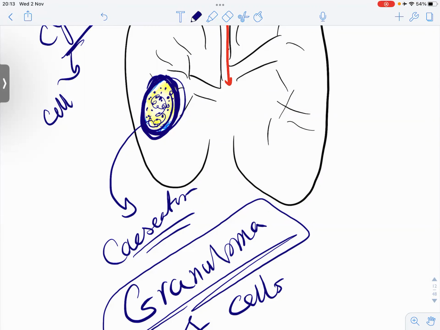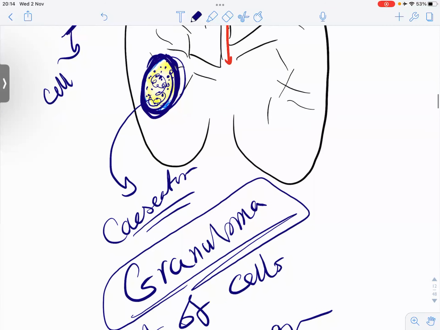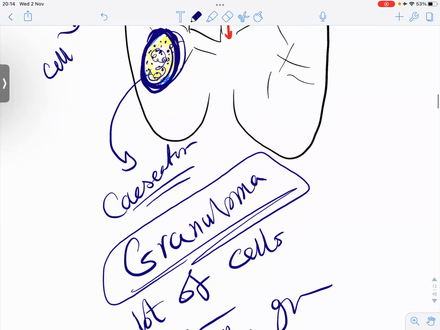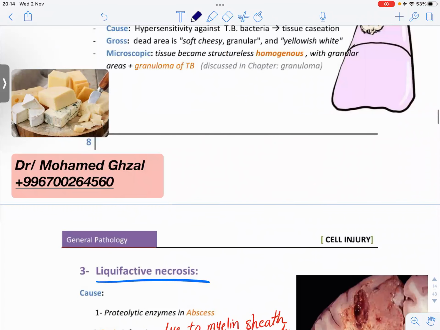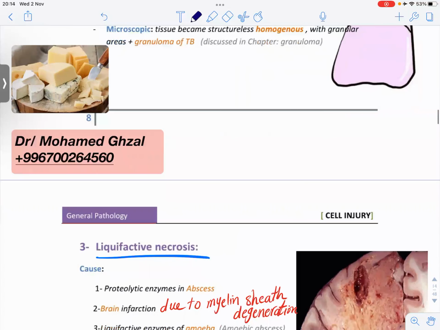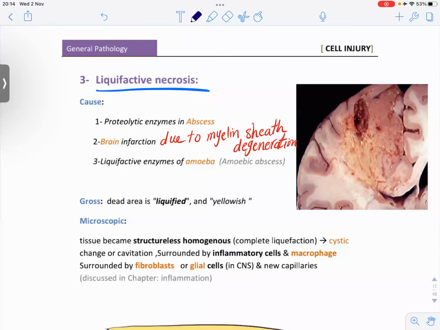Cause: tuberculosis infection. Shape: yellowish white in color, homogeneous, granular. Example: tuberculosis of lung, tuberculosis of intestine. And of course, we will talk about tuberculosis in detail. It's called granuloma of tuberculosis.